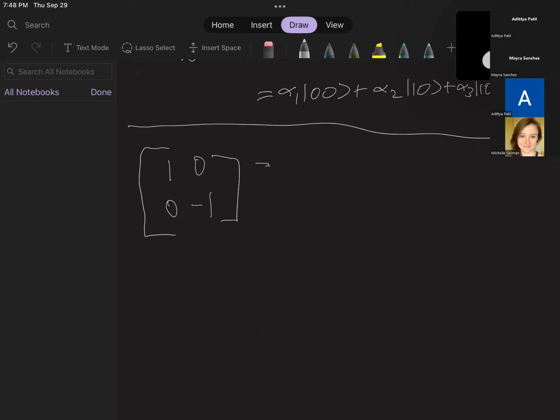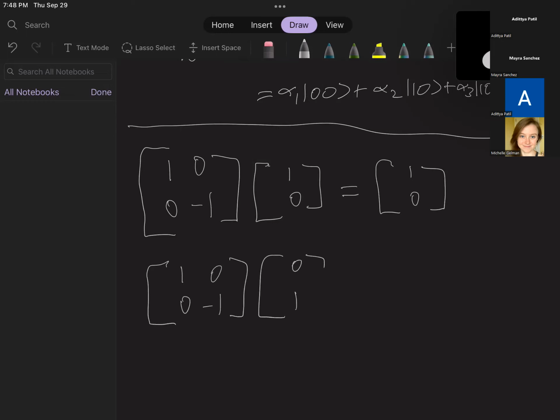If we apply that to the 0 state, that will give us 1, 0, so it does nothing over there. And if we apply it to the 1 state, it just flips the sign of the bottom.